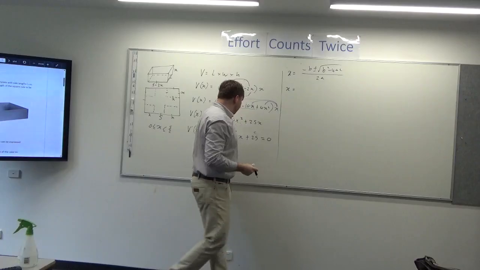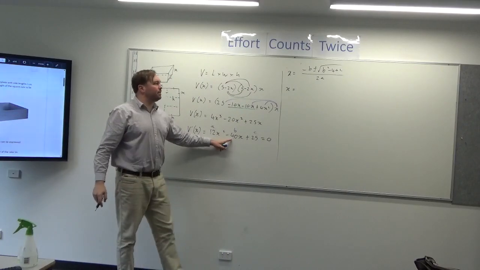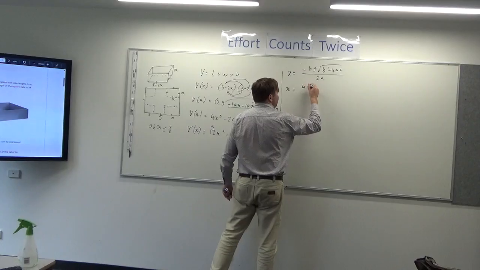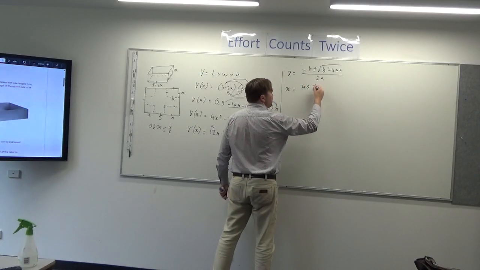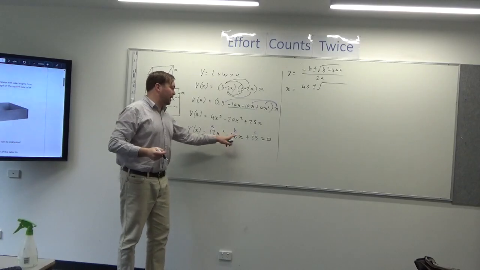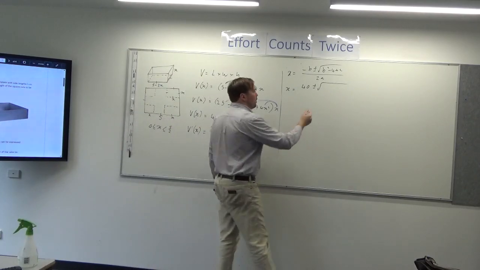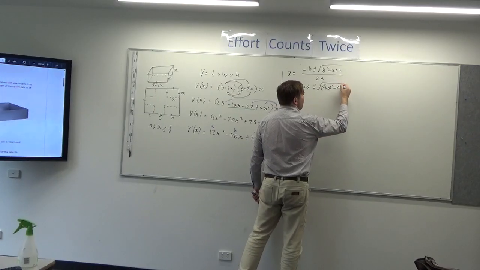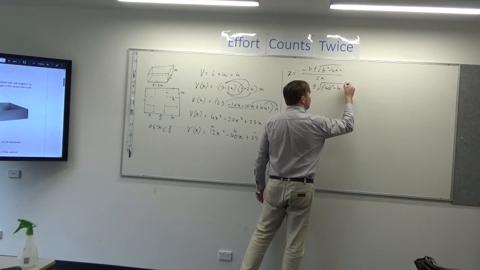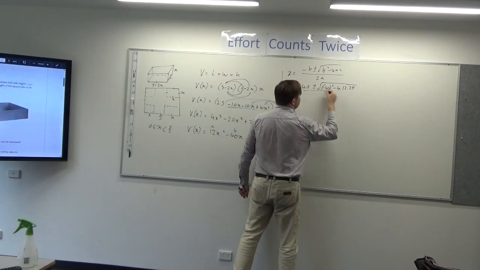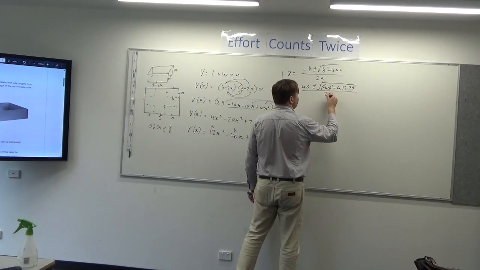X equals minus b, minus 40 is positive 40, plus or minus the square root of b squared take 4ac. Now, b squared is minus 40 squared, take 4 lots of a, lots of c, over 2 lots of a.